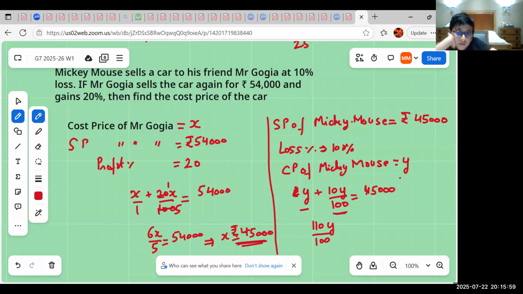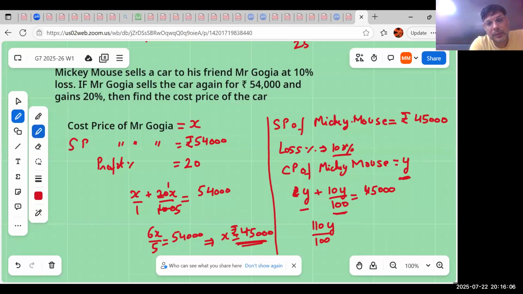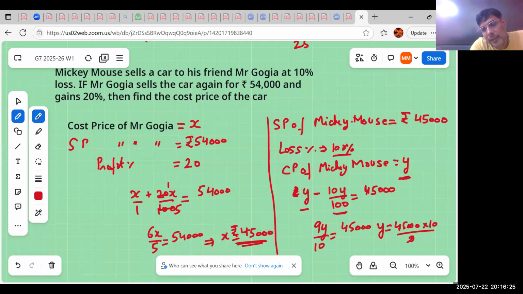So we have to minus. Wait, this is the cost price, this is the loss. We have to minus. That will give me 9y by 10 is equal to 45,000. So y will be equal to 45,000 times 10 divided by 9. That will give you 50,000.